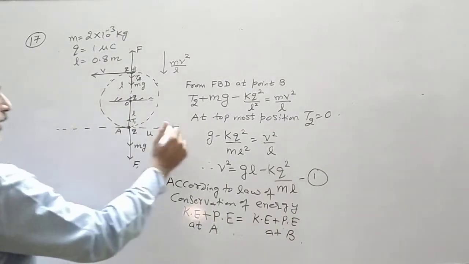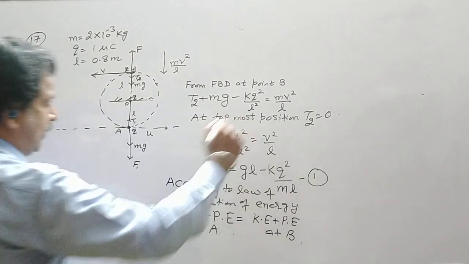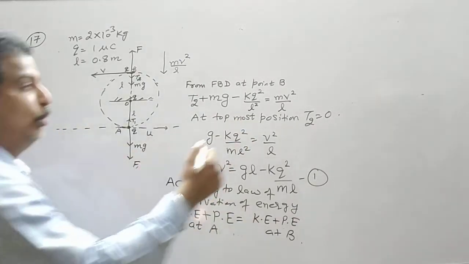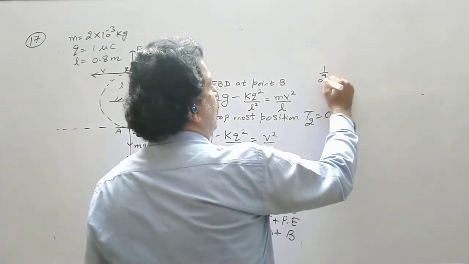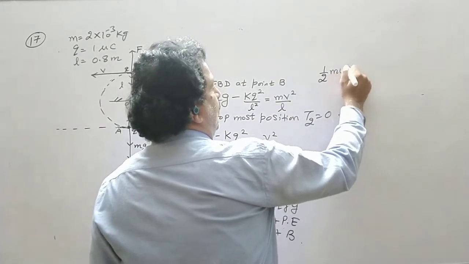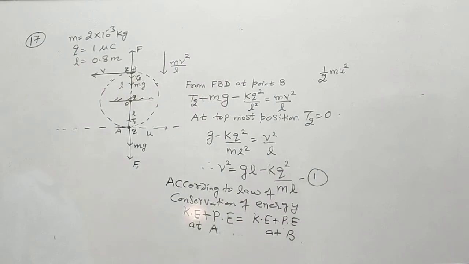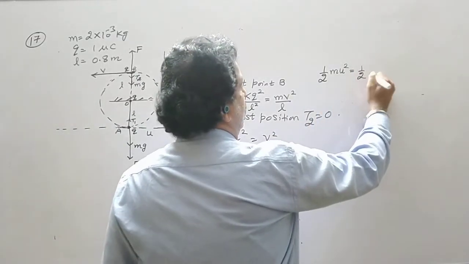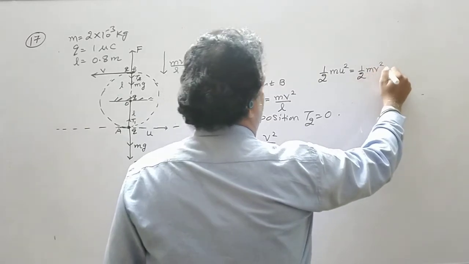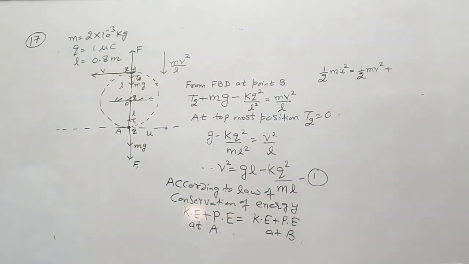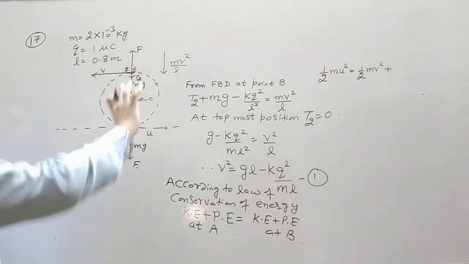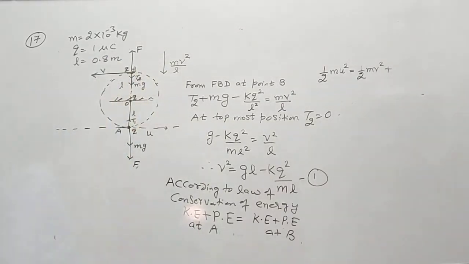Now if I take this line as a reference or say a ground, then the potential energy is 0. So I have only the initial kinetic energy, that is half m u square, equal to, at the highest point, half m v square, that is the speed at this instant, plus the potential energy due to the position. So from ground you are 2L distance away.